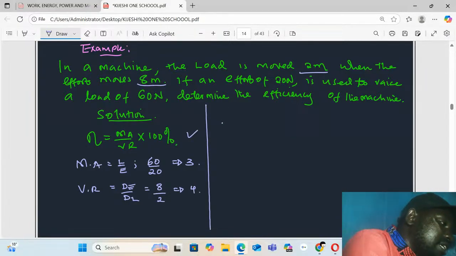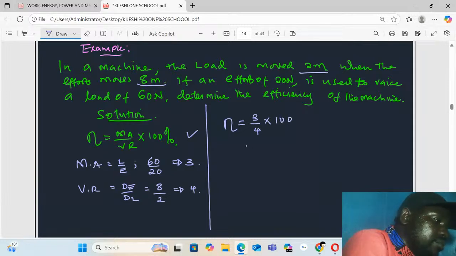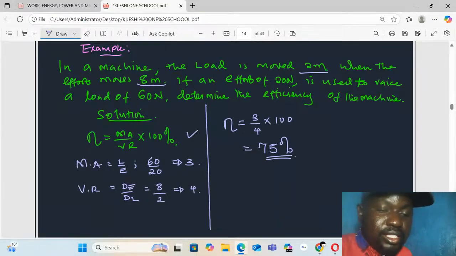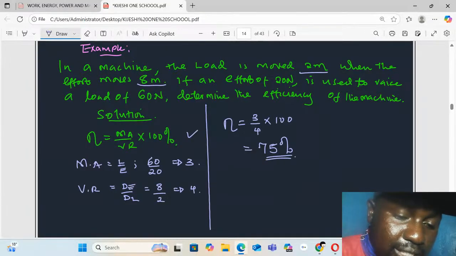We have the efficiency being given by 3 divided by 4 times 100%, and this will give us 75%. So the machine is 75% efficient.